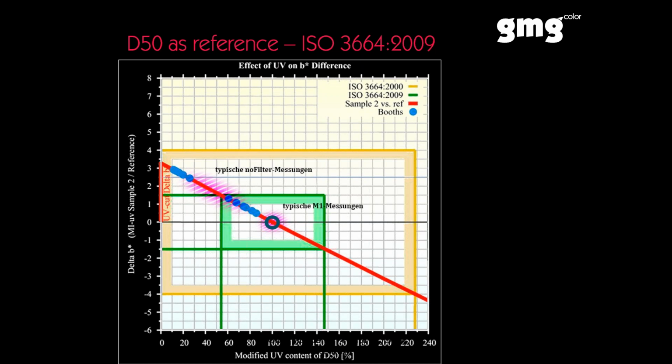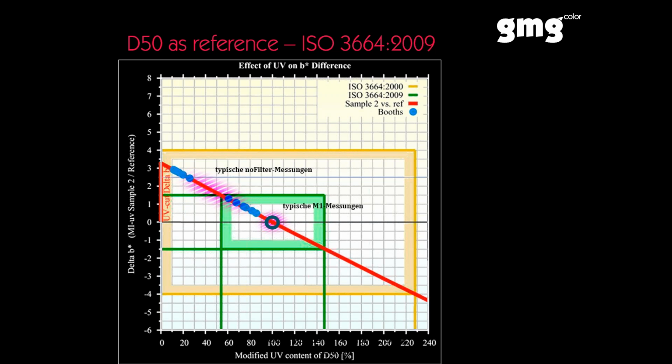So I'm sorry, on the left, this pinkish area, you see typical no filter measurements from measurement devices, and in the middle, right on D50, you see typical M1 measurements. We will have a look at this later on again when we talk about M1 as a measuring condition. So you see the spread between the different measurement devices has been bigger with no filter measurements, and we are now closer to our viewing booths with the M1 measurement mode.